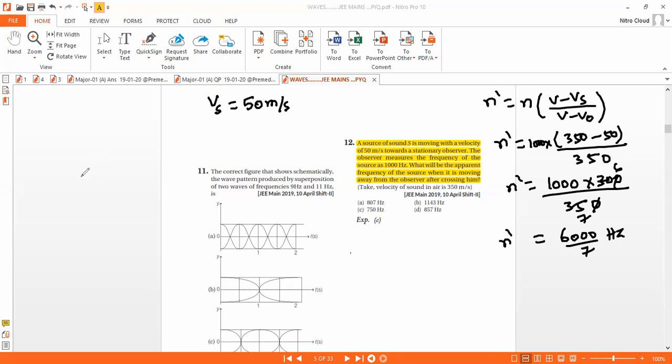When the source is moving away, again N1 dash equal to N into V plus Vs by V minus V naught.